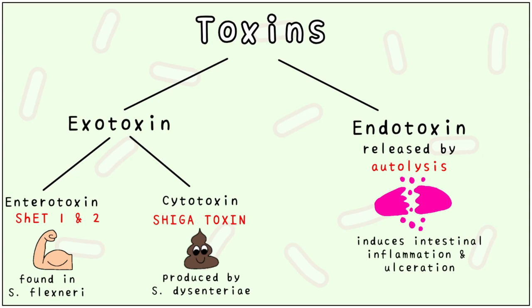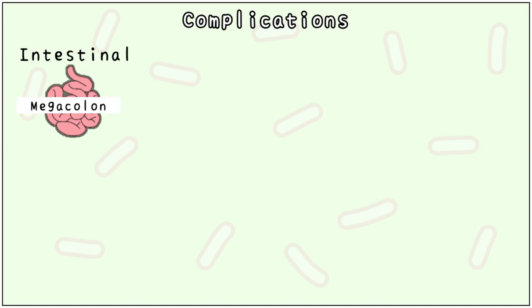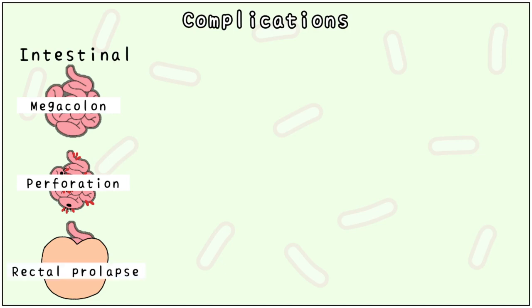Infection by Shigella could cause some complications. Megacolon, which means an increase in the size of the large intestine, perforation and ulceration of the intestinal walls, and protrusion of the intestine from the anus, which is called rectal prolapse.